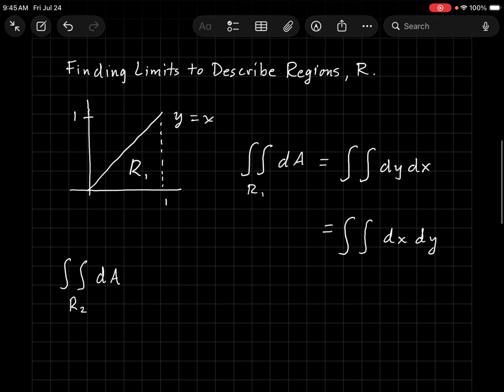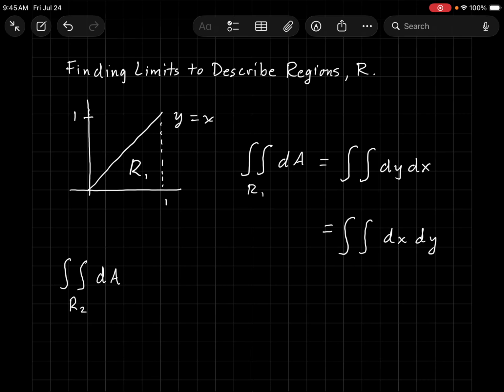Now, what I found working with students, the part that seems to confuse students the most when we're doing double integrals and triple integrals is finding limits to describe the regions. The process of integrating is usually not that difficult, but it's how do we find these limits? So consider my graph here.